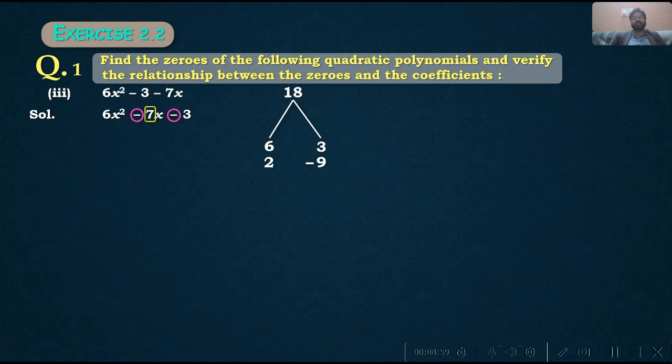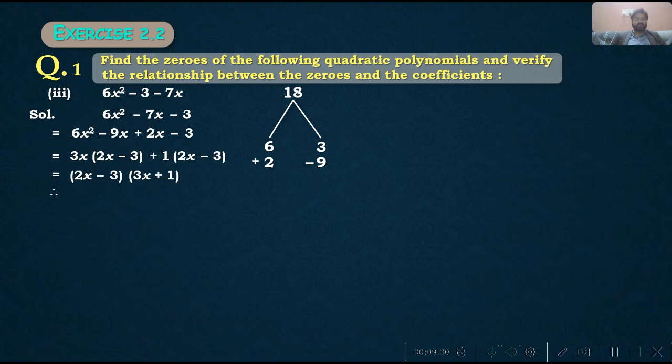Now taking 3x common from the first two terms, we have 3x into 2x minus 3 plus 1 into 2x minus 3. So 2x minus 3 in one bracket and 3x plus 1 in another bracket. So 2x minus 3 and 3x plus 1 are the factors of 6x square minus 3 minus 7x.